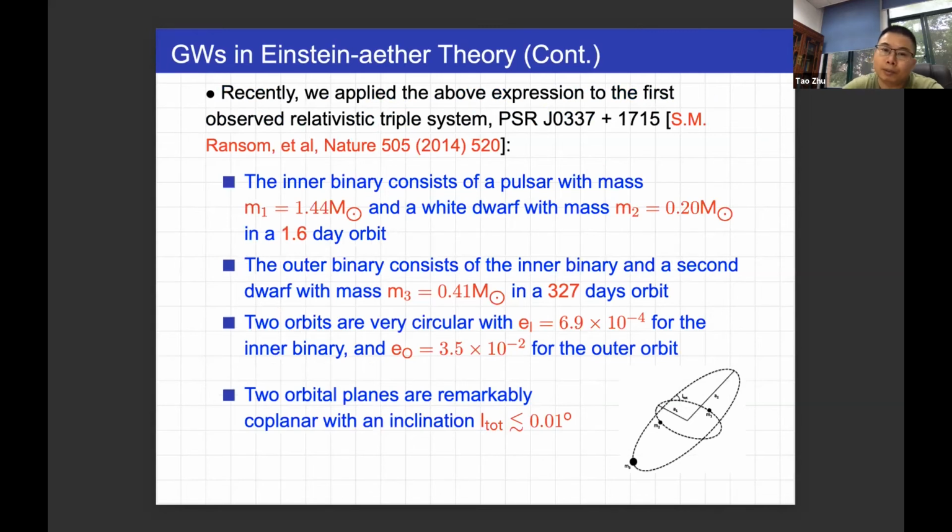Recently, we have also applied these expressions to the triple systems. This is the first observed relativistic triple system, PSR J0337+1715.